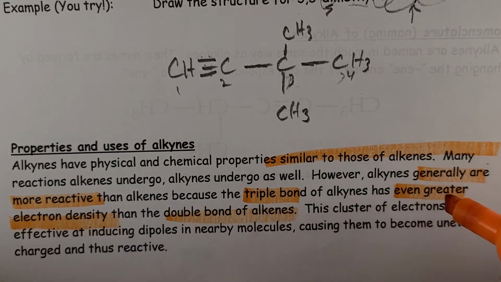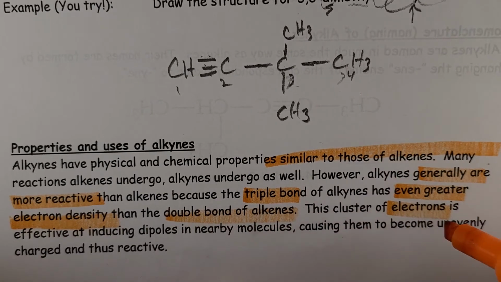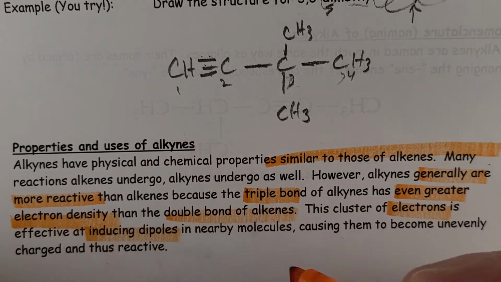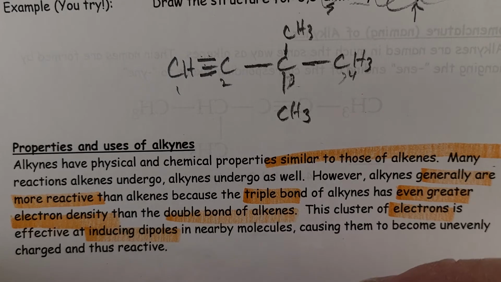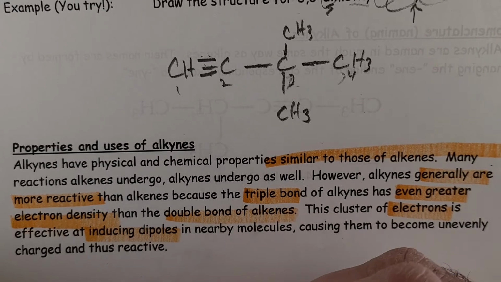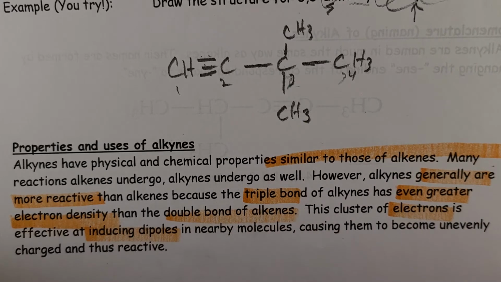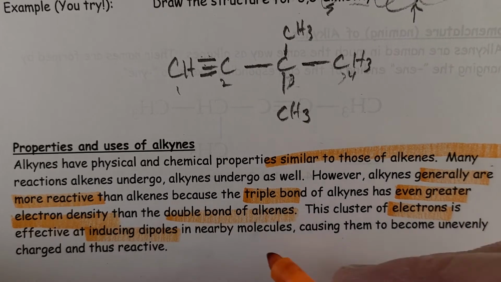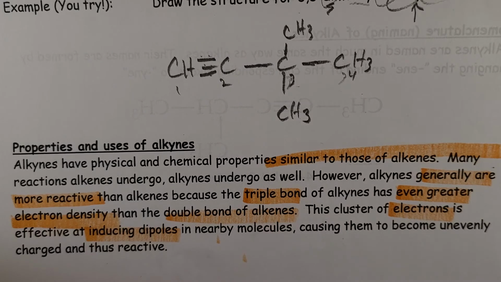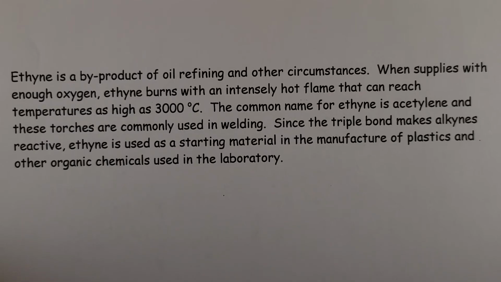So that cluster of 6 electrons is effective at inducing dipoles. Again, we have those dispersion forces, those electrons just happening to end up on one side of the molecule, making it slightly negative, causing the other side to be positive, and of course causing nearby molecules to become temporary dipoles.